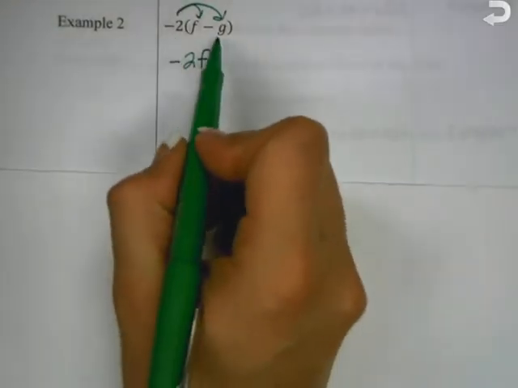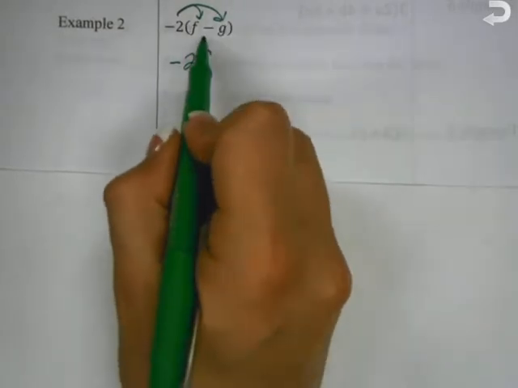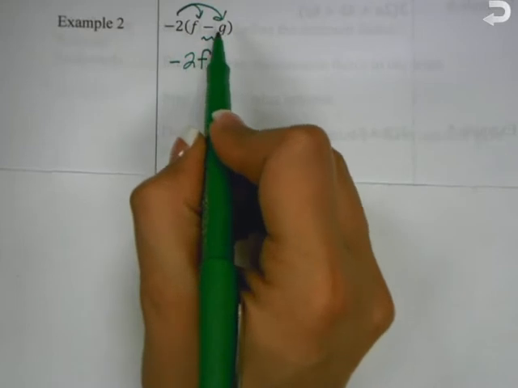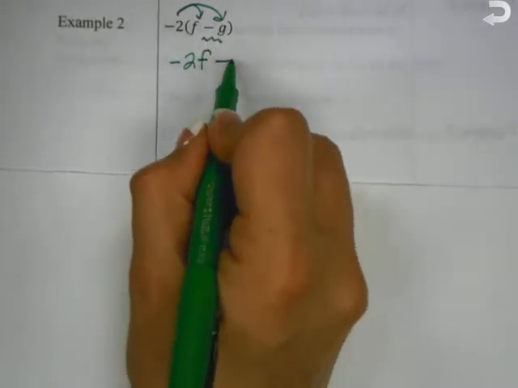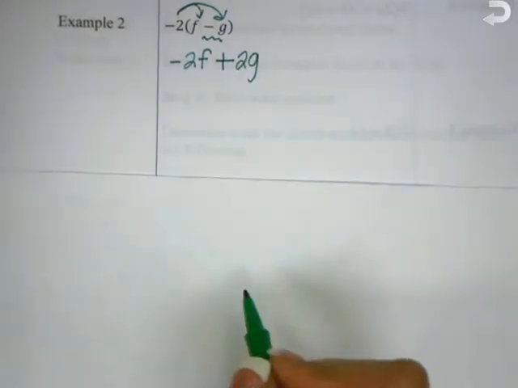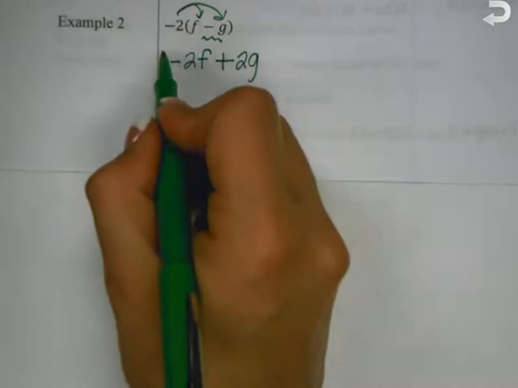Now, is this g a negative or a positive? It's a negative. So I have negative 2 times negative g. What's a negative times a negative? A positive. So it's going to be positive 2g. Can I combine these guys? No. So I am done. They're going to be math buddies today.